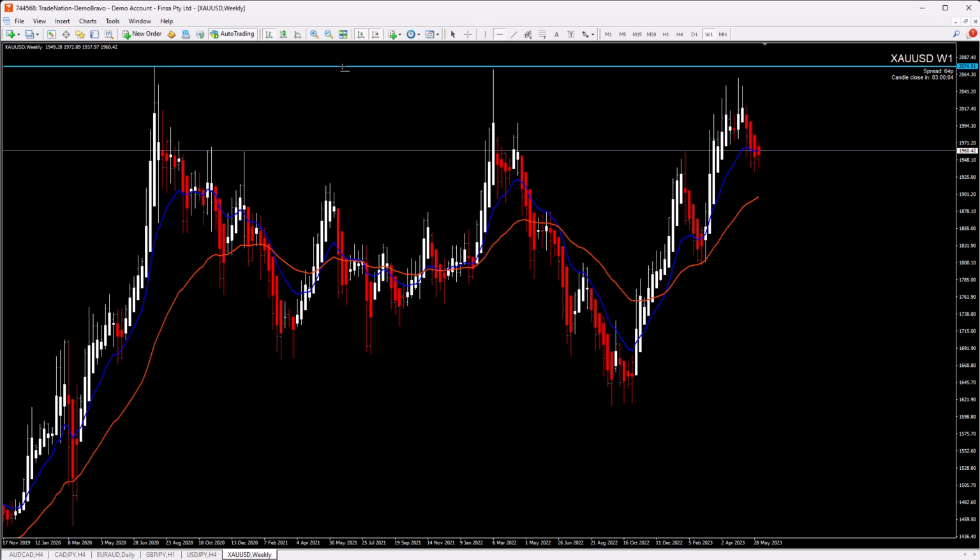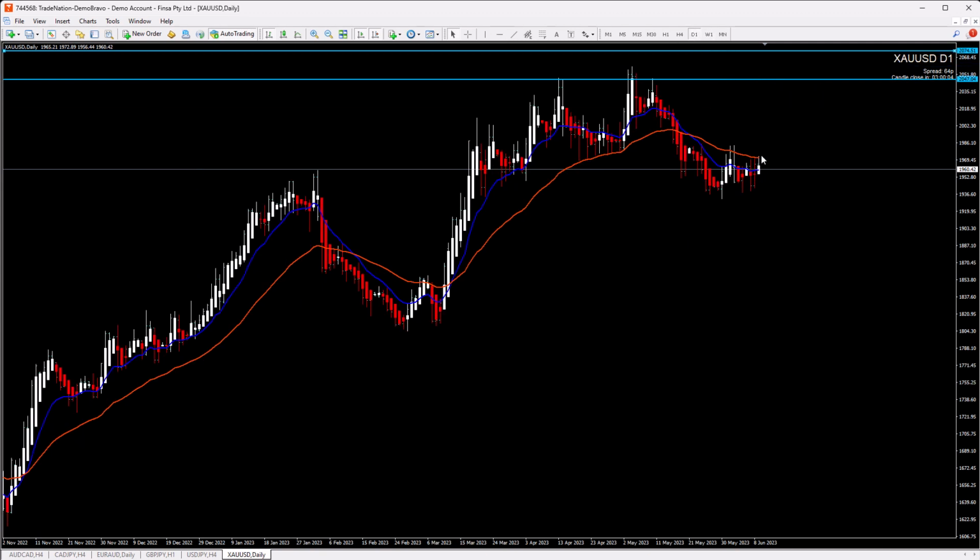Of course, our goal is the highest point. Yes, there is also a trend line like this, but you see the angle is so small that we can just base it on the resistance area. This is the highest point, this is the previous top, and this whole area is resistance. So now on the daily chart, we can see that we still have this trend line.